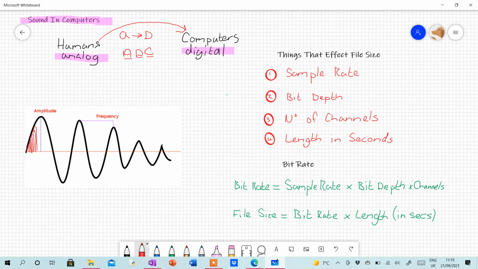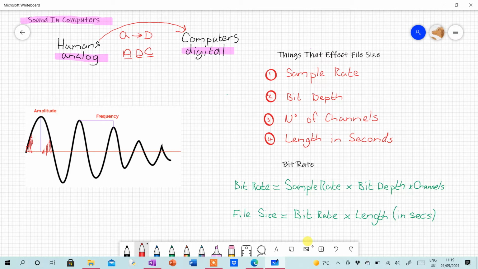But you can see that it will represent the sound wave a lot more closely, which means the sound will sound a lot more like the original. Okay, now you can see there's more samples there, so that means if there's more samples, the file size is bigger.